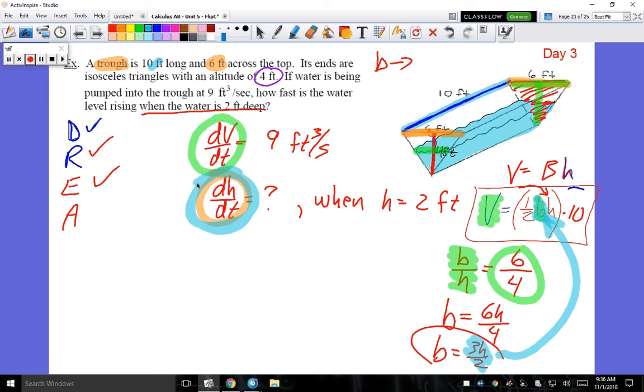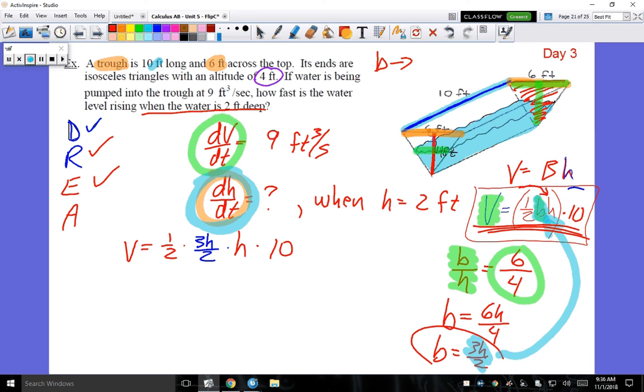So here we go. Let's simplify this equation. We have V is equal to 1/2 times that B substitution times that height times that 10. All I did was plug in the substitution for this right here.